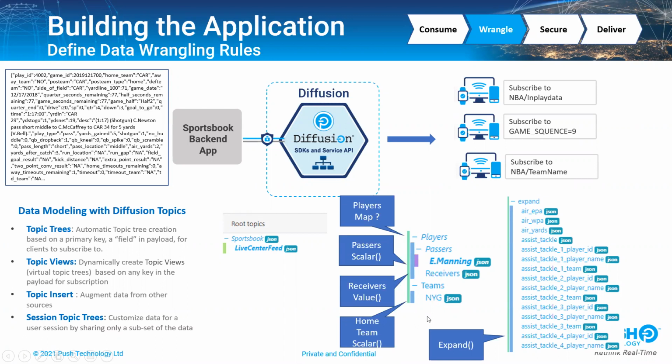Okay, now when the data first comes in, and likewise here with teams, New York Giants, I spent some time in New Jersey. I was a New York Giant fan, and so I only want to get data specifically about New York Giants. I configure a rule that automatically creates topics and topic trees for all of the teams.